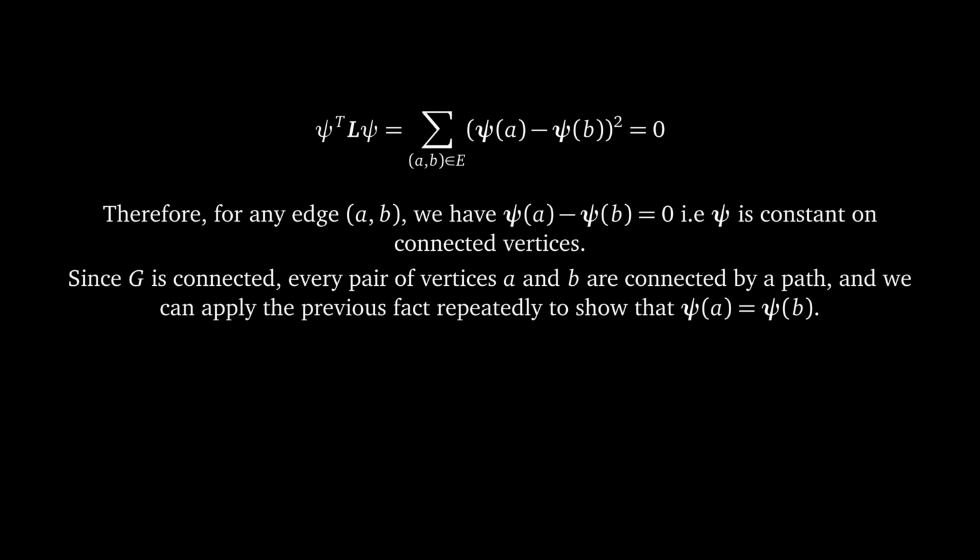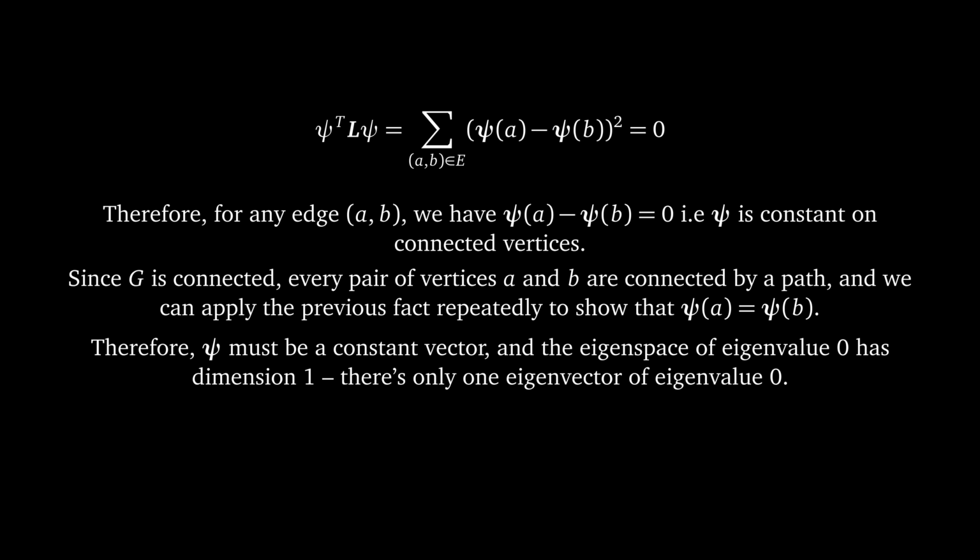We know that G is connected, so every pair of vertices A and B are connected by a path. Therefore, we can have a chain of equalities to show that for any two vertices A and B in our graph, we have phi of A equals phi of B. This means that phi must be a constant vector on every vertex, and the eigenspace of eigenvalue 0 must have dimension 1, i.e. there's only one eigenvector of eigenvalue 0.